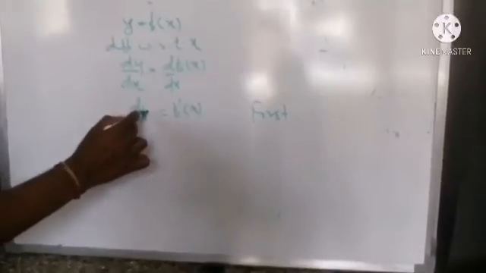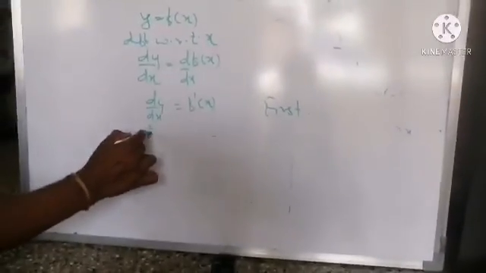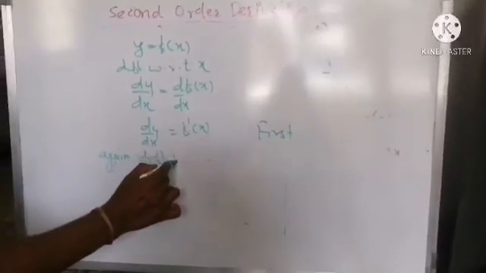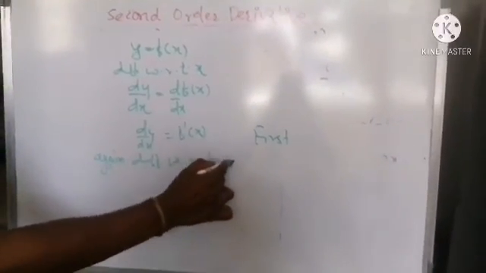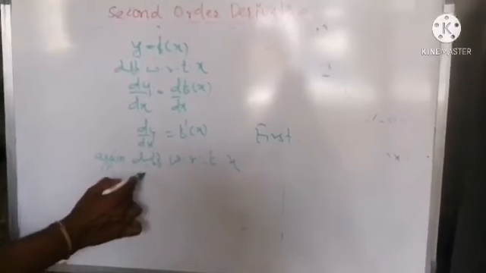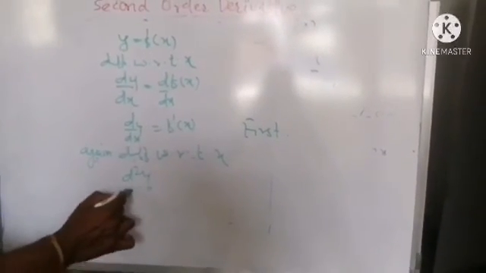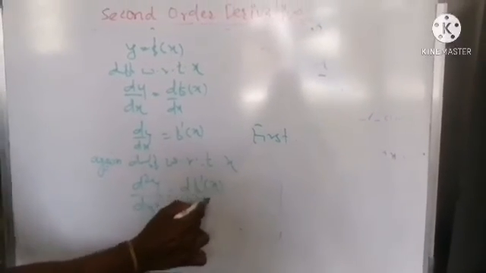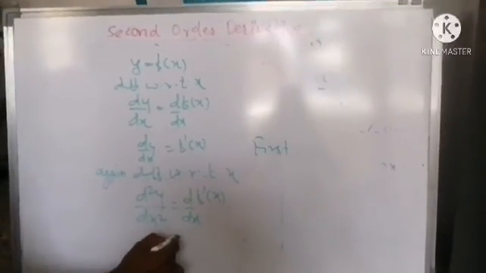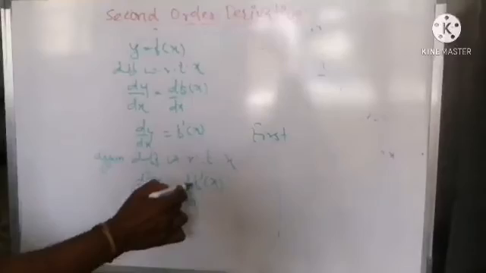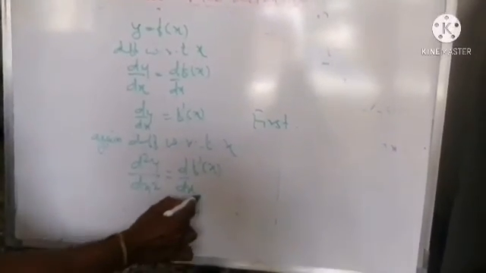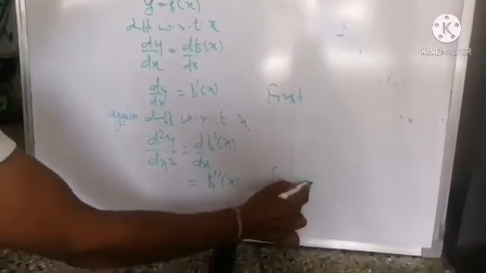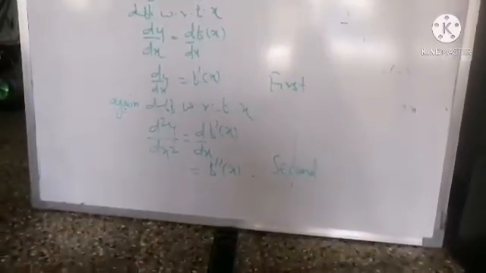Okay, again if we differentiate this derivative with respect to x, then we get derivative of dy by dx, that is d square y by dx square, and derivative of f dash x. As f of x has derivative f dash x, then f dash x has a derivative f double dash x. Okay, and this is called second order derivative.